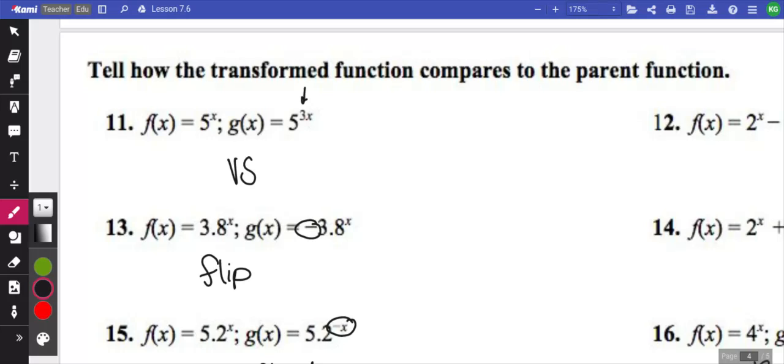So it looks like this. And then graph those to see the change. So the blue one is there. And then when you see the red one, you notice that it's more vertically stretched.